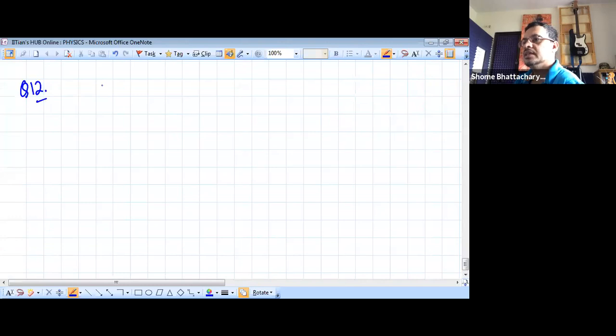But let's first understand the condition for coplanarity of 3 vectors.